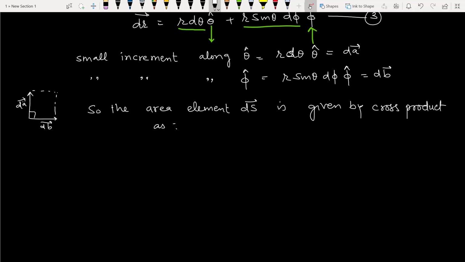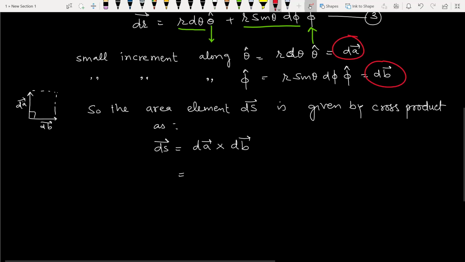In lower classes you might have studied that the cross product of two vectors gives the area of the parallelogram formed by the two vectors. Here one vector is along theta cap and another is along phi cap.